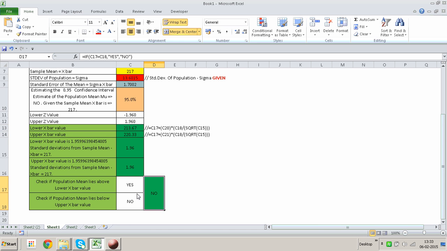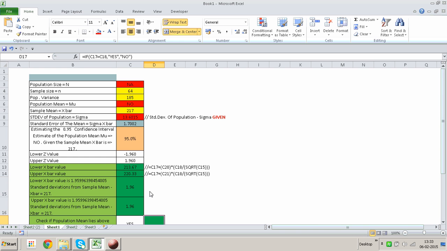The more times you get yes over here, you can say that in 95% of the samples that we've seen, this comes out as yes, and because of which we have a 95% confidence level for this particular confidence interval, which is the lower X bar value and the upper X bar value.